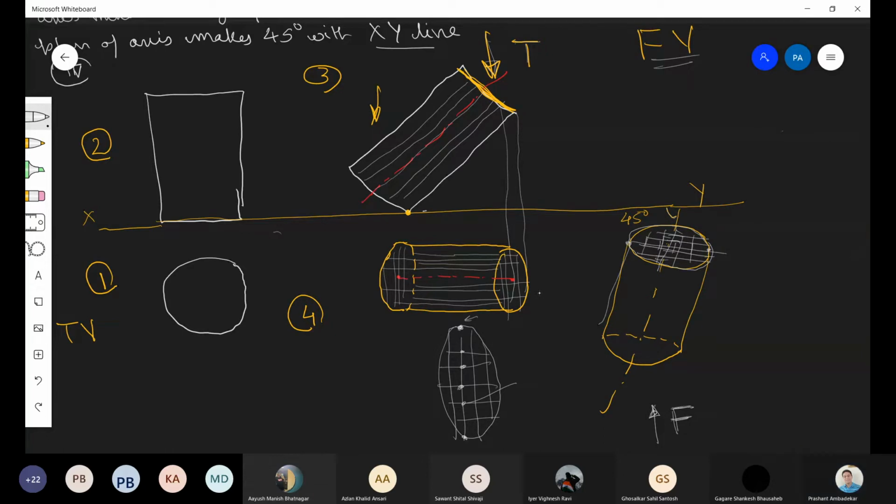again here you will see that this bottom portion can be clearly seen from here. Are you understanding this? This bottom portion can be clearly seen from here. Let me explain it in a different way.